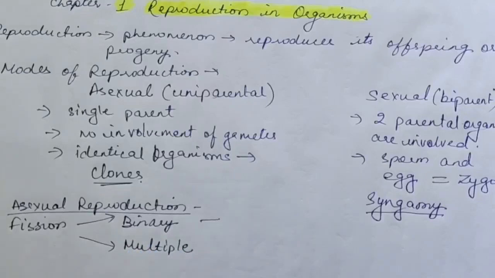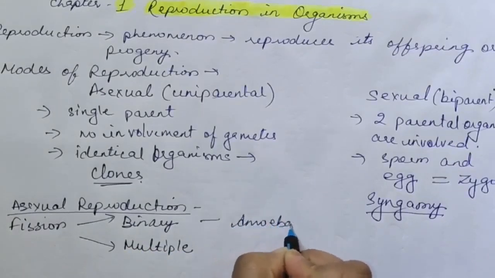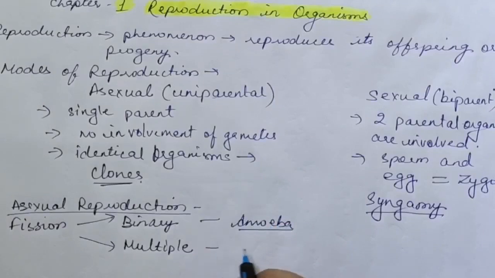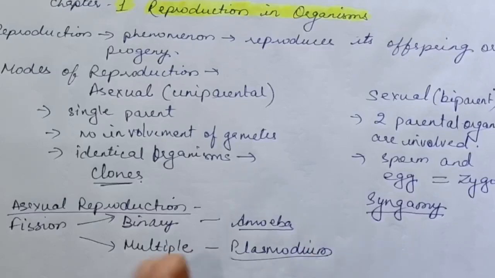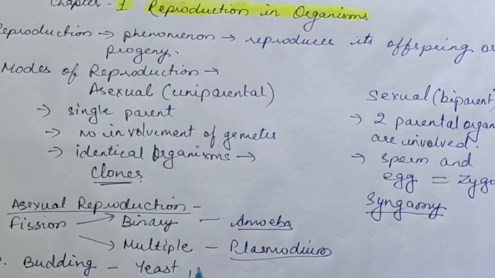Example of binary fission is amoeba. The classic example is amoeba. And multiple fission is exhibited in Plasmodium. Plasmodium is a protozoan which causes malaria. It's a malarial parasite. The second type is budding, which is observed in yeast, hydra.